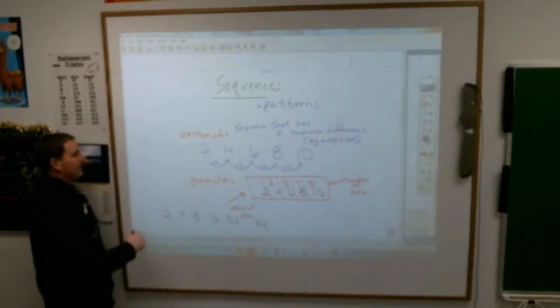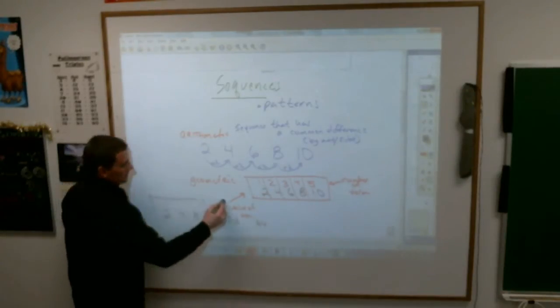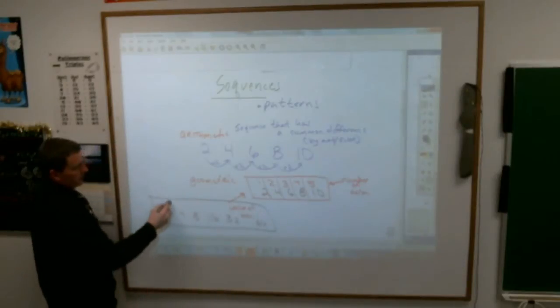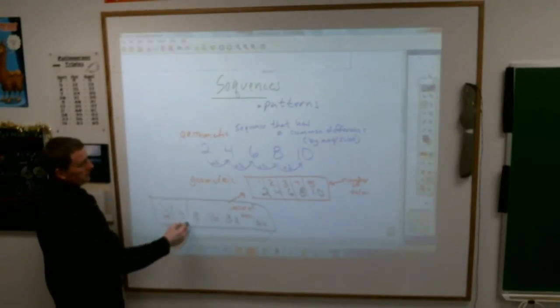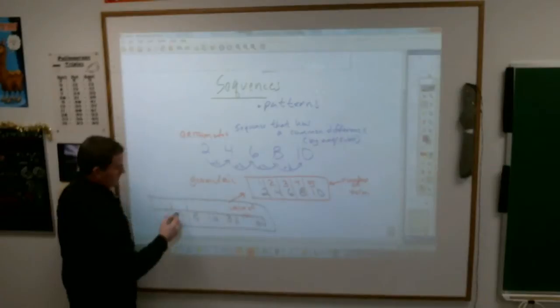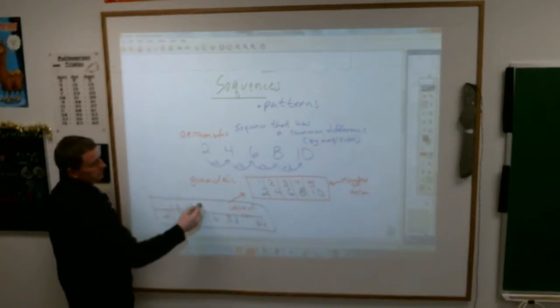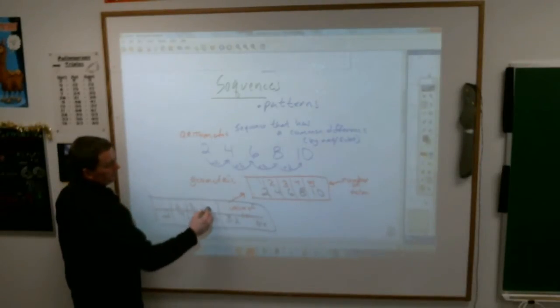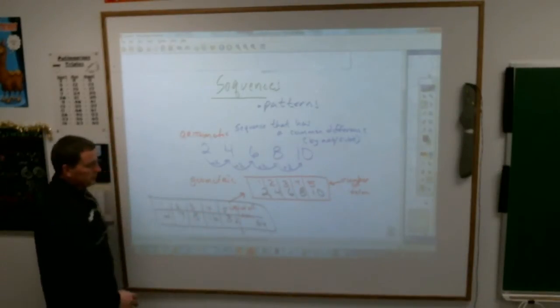If you were making the table, the first term is a 2, the second term is a 4, the third term is an 8, the fourth term is a 16, the fifth term is a 32.